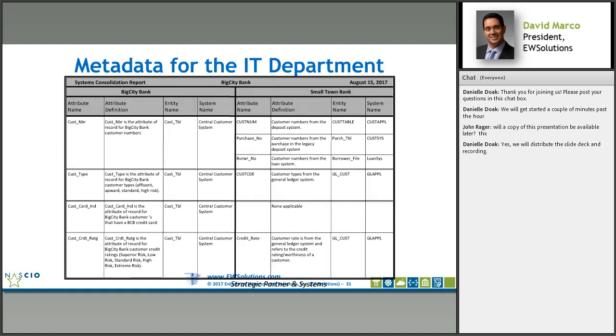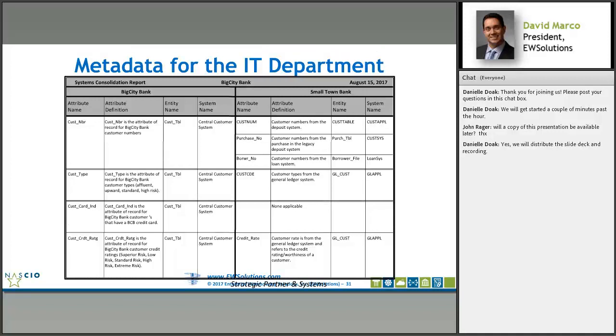Wouldn't it be great if we could run a report that would show, and this is an example of a company purchasing another one, where we have Big City Bank purchasing Small Town Bank. And what Big City Bank has is all of their critical data elements: customer number, customer type, customer card indicator, all these different things.